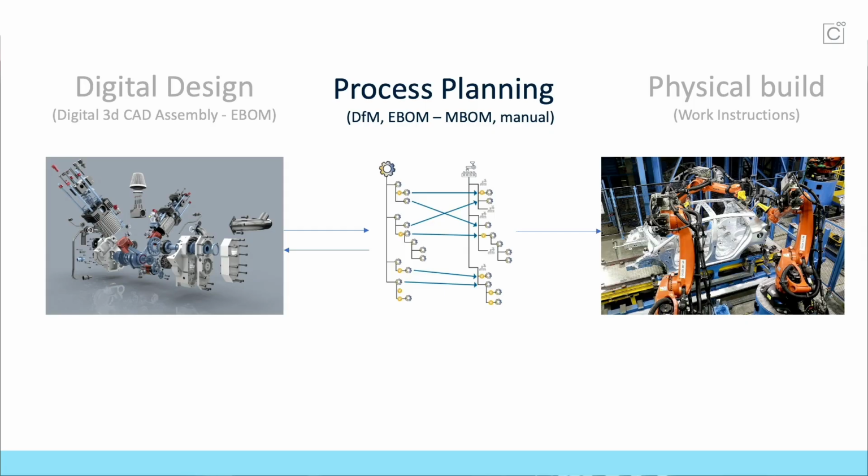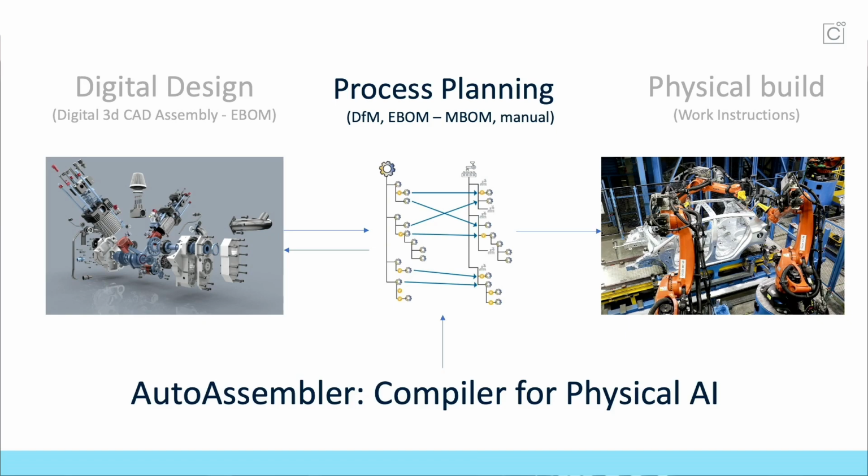If you look at software programs, you represent your intent in terms of a programming language, and a compiler works by taking that representation of your intent, mapping it to your architecture on which you're actually going to execute your instructions, and creates that sequence. So what we're building at C Infinity is a product called AutoAssembler, which we're calling a compiler for physical artificial intelligence.